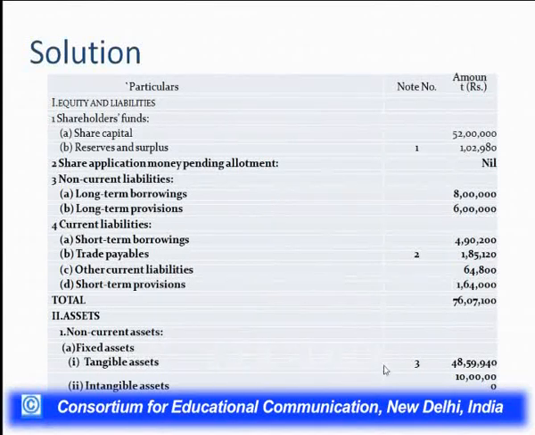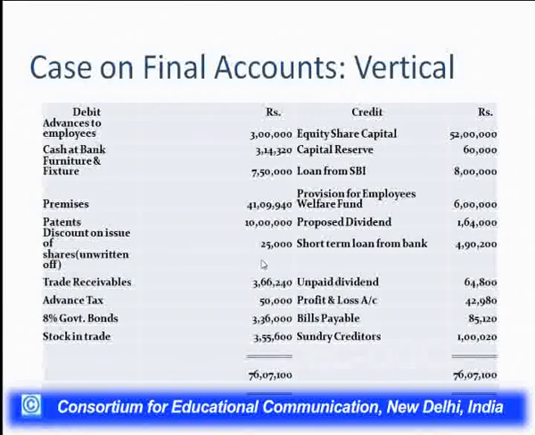If you are looking at the solution, the note is that we have been given a value of 48 lakhs 59,940, right. So, now let us look at the data given. How did we get this value? Advances to employees are not non-current assets, they are advances, they will go to the second part.